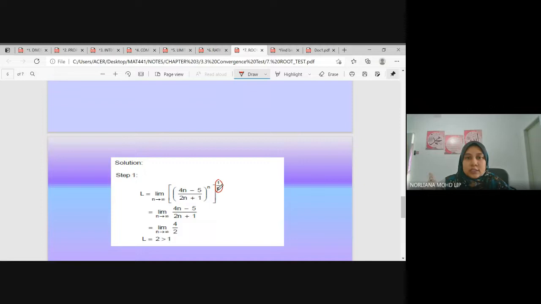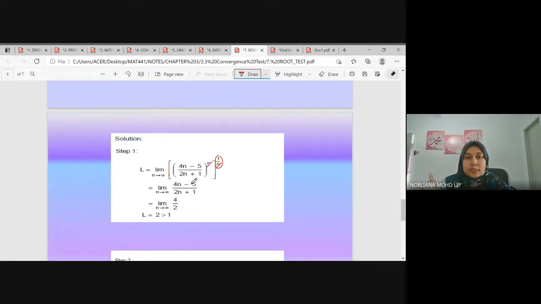So yang ni kita boleh simplify. Cancel. Dia akan dapat 4n minus 5 over 2n plus 1. Okay, so untuk ni infinity over infinity. Kena tunjuk ni. So it is L'Hopital rule. Must apply L'Hopital rule. So differentiate numerator and denominator separately. So equal to 2 lah. Limit equal to 2. Which is greater than 1.